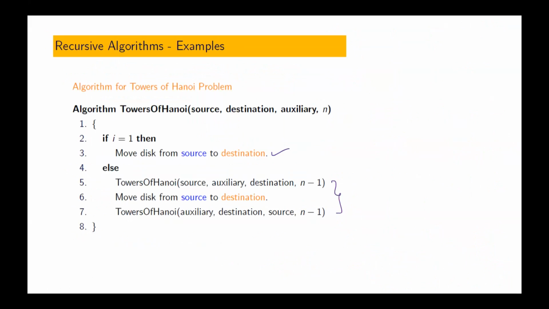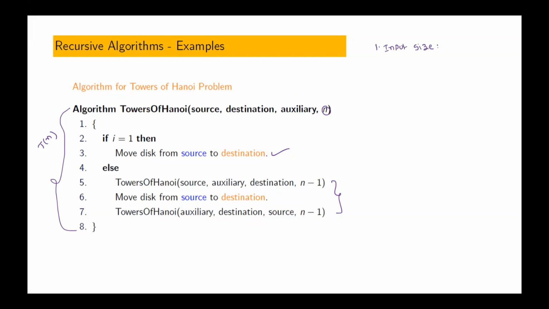So our main intention here is, if we are given n disks, the number of moves we require, let us call it T of n. Now you tell me, what is input size here?